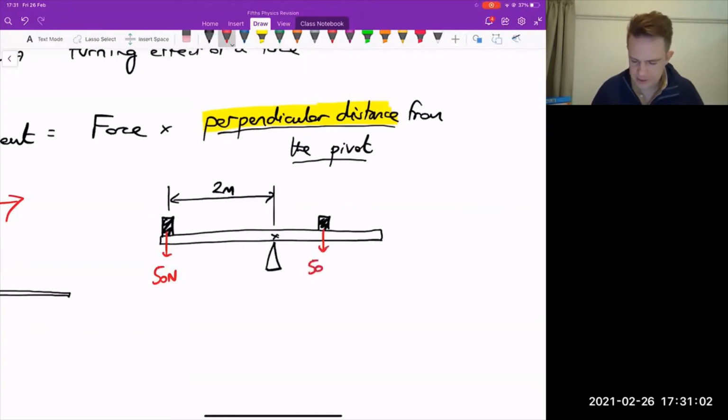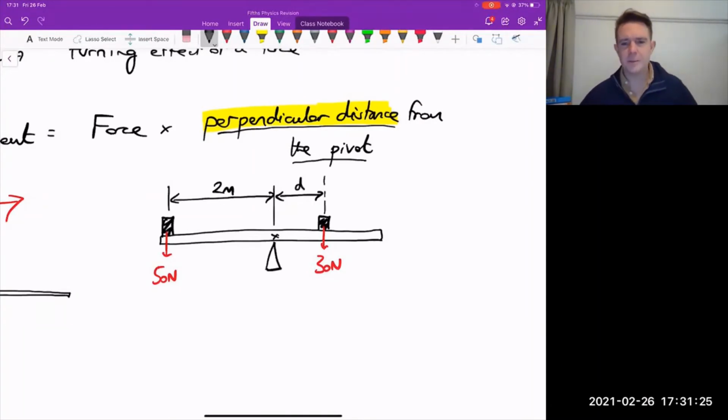I'm going to put another box here, 50 newtons, and let's say that this is 1 meter away. Actually, no, let's make it a different way. Let's make it 30 newtons, and this is an unknown distance, so let's call it D.